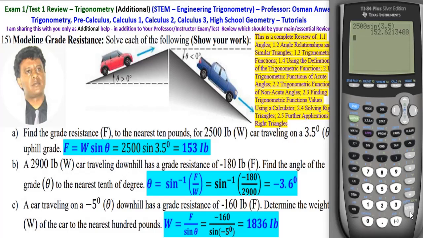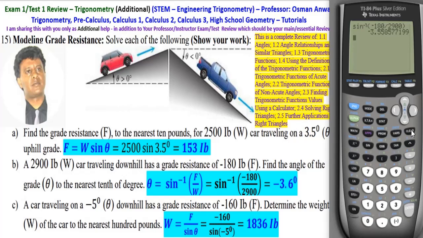B, theta equals sine inverse of minus 180 over 2,900, and that gives us minus 3.6 degree.